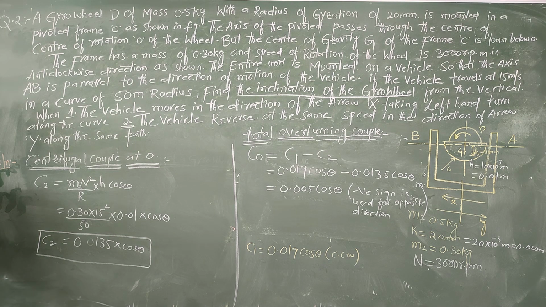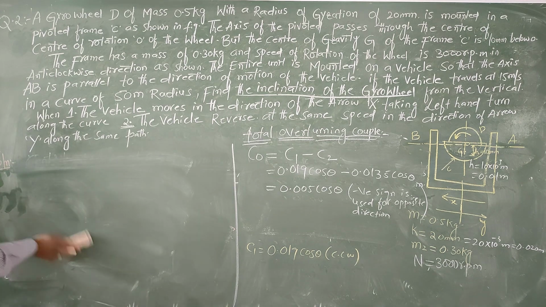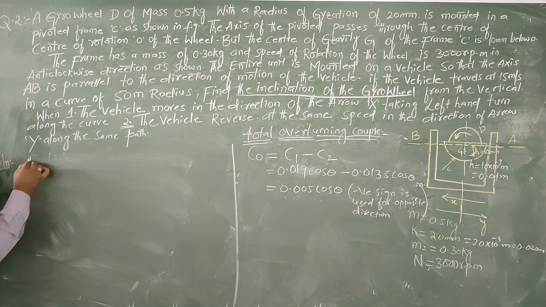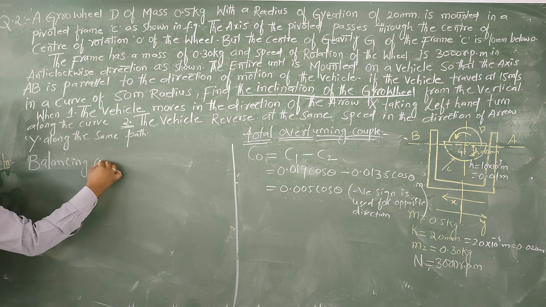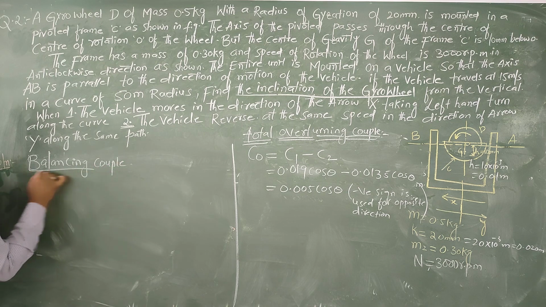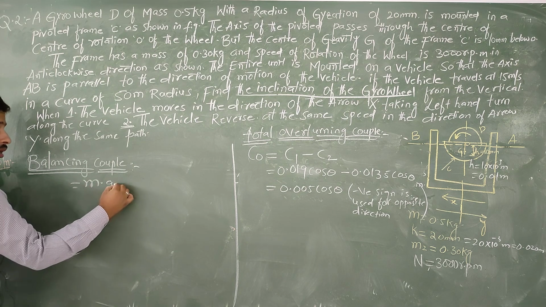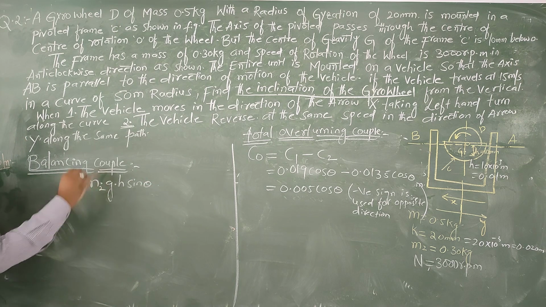After that we need to find out the balancing couple. For the balancing couple, we have the formula mgh into sin theta, but here we have to represent it as mass m2.